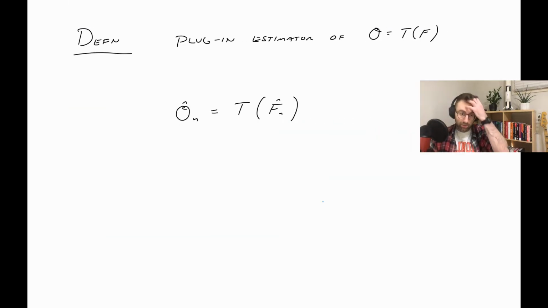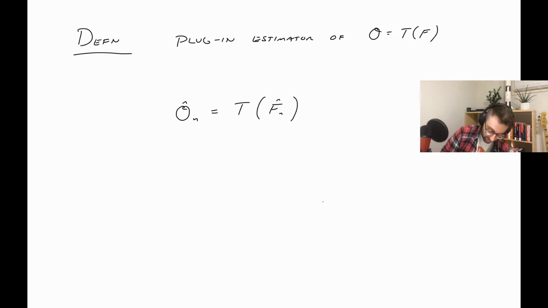It turns out there's a really nice way to do it, and it's called the plugin estimator. If we have some theta, a parameter of interest, that we're defining to be some function of the distribution, then the plugin estimator is just that function, but instead of applied to f, you apply it to the estimated distribution.